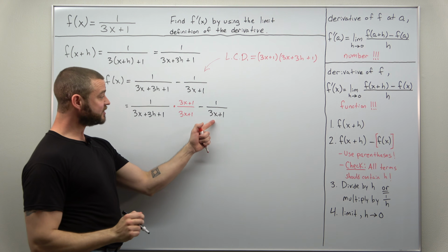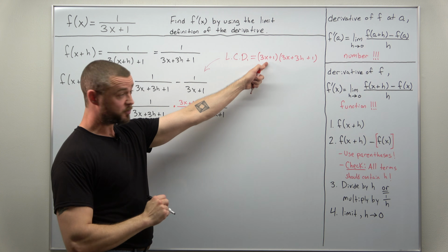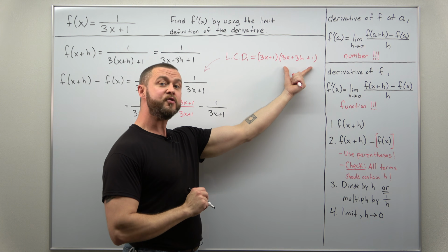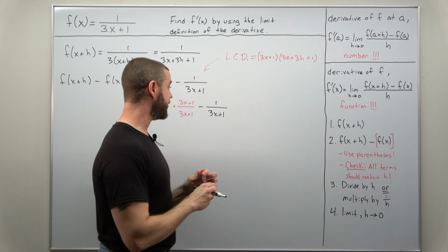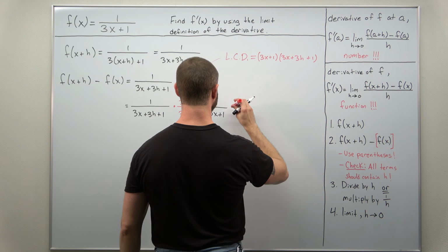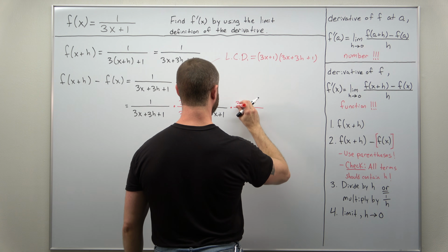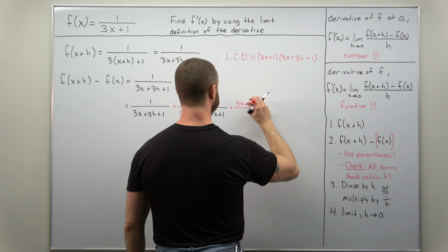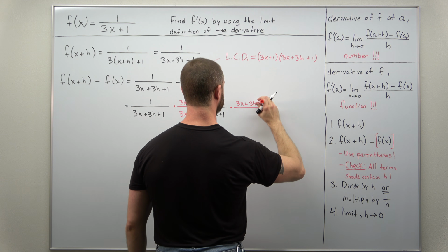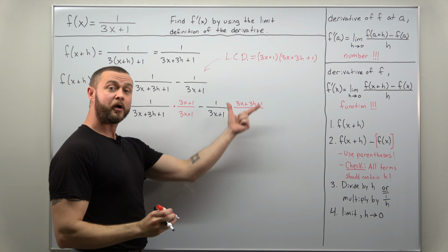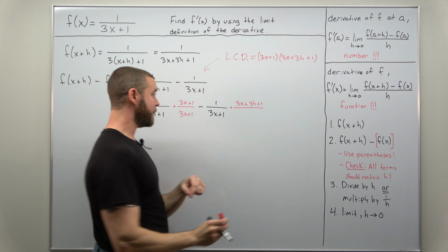That contains in the denominator 3x plus 1. So we're going to need to multiply the numerator and denominator by the missing factor that we want, which is now 3x plus 3h plus 1. And we're multiplying that to the numerator and denominator.